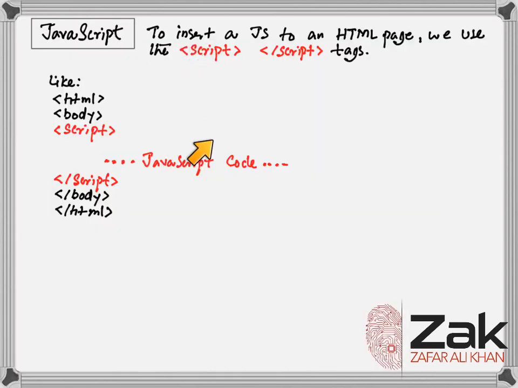Now, if you see the embedded code inside HTML, these are HTML tags. HTML starts from the tag HTML, then /HTML, and then it has a body. Inside the body, whenever you see these two tags, it means that the code is written inside these tags. To insert JavaScript into an HTML page, we use the script and /script tags.